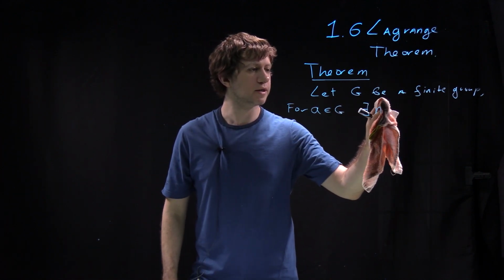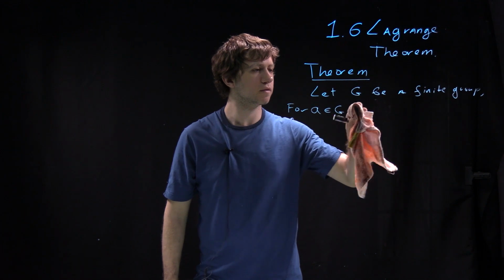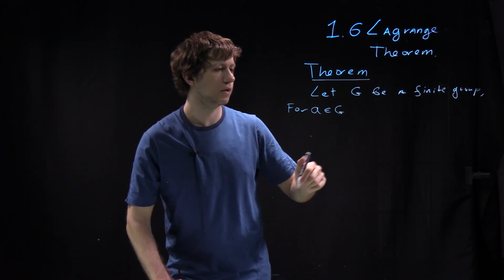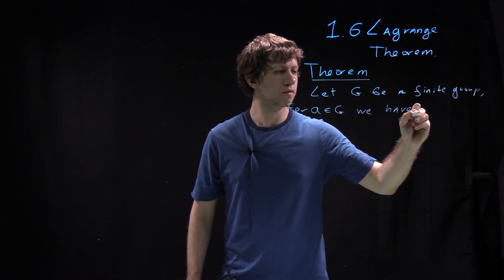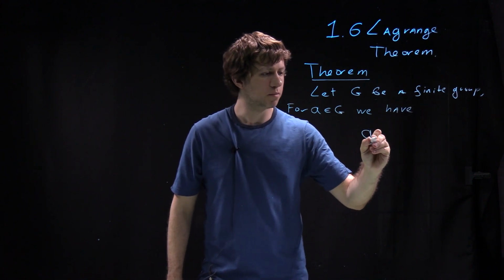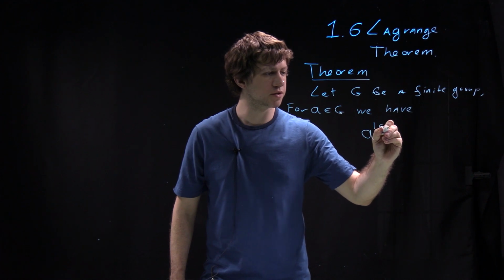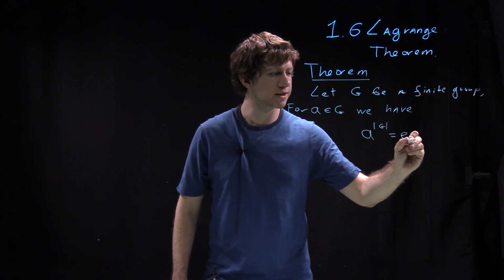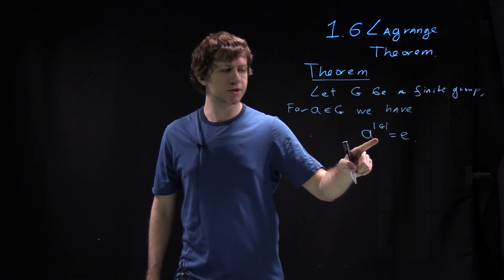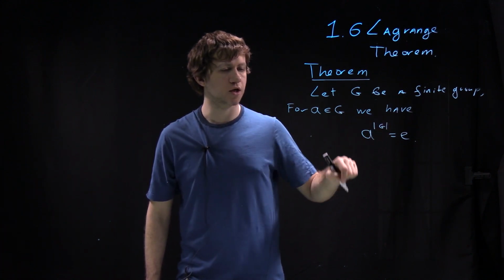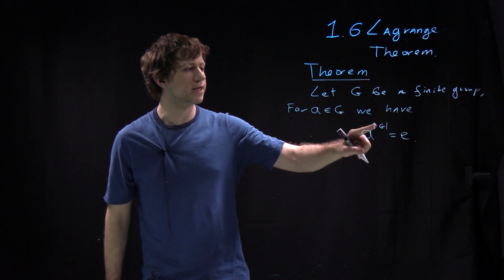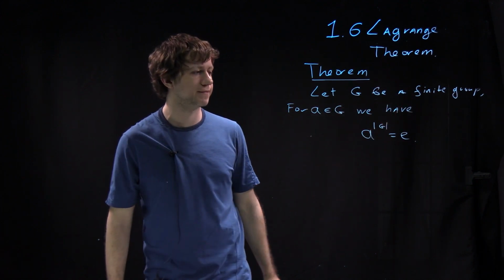For A inside G, we have A power the number of elements in the group equals the identity. So if you take an element in your group and multiply it by itself the number of times which equals the order of the group, then you get identity. It's a finite number because the group is finite.